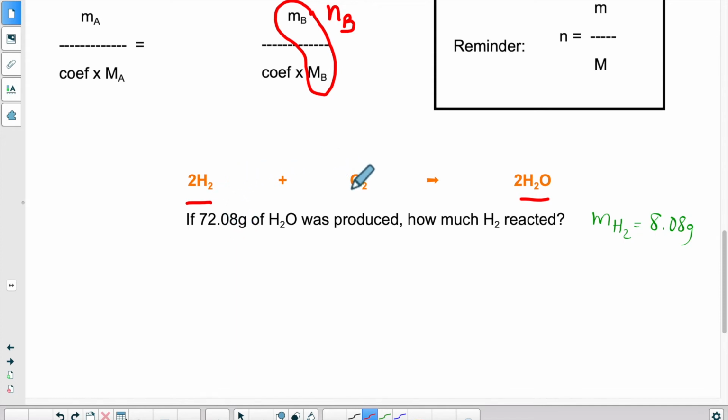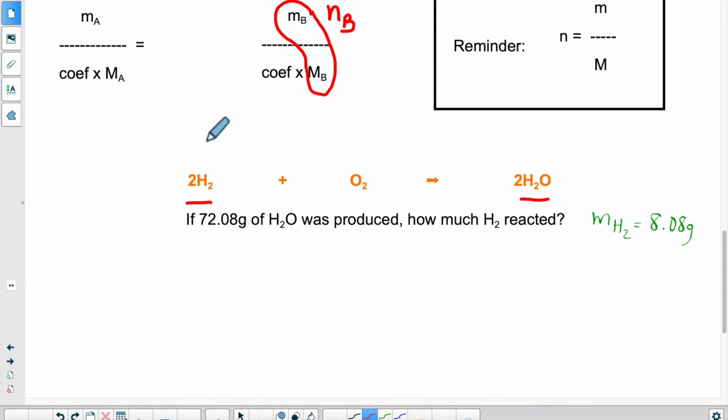Obviously, hydrogen reacted with oxygen, but I don't need to pay attention to this because, as I just explained to you, because these substances react, appear and disappear in specific ratios, their masses appear and disappear in specific ratios as well. So I don't need to work with all the substances. I can only work with two, and the ratios will always work out. They will always be true.